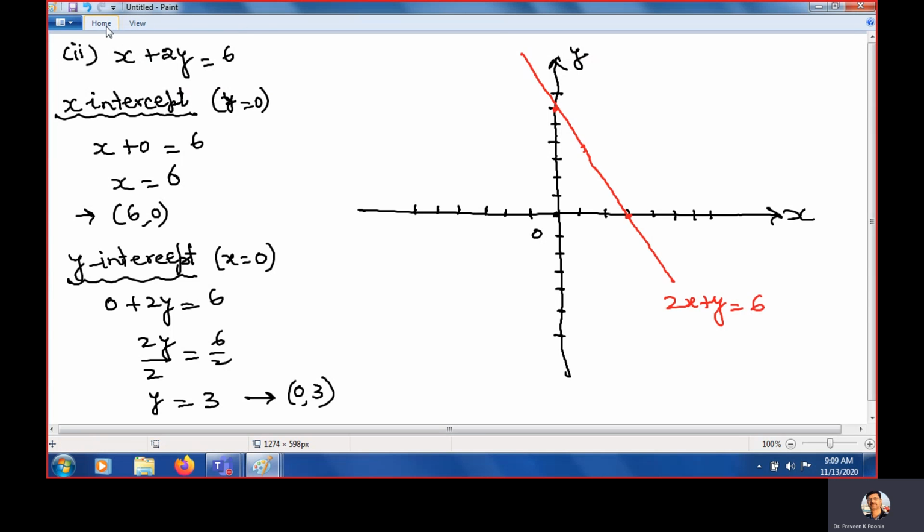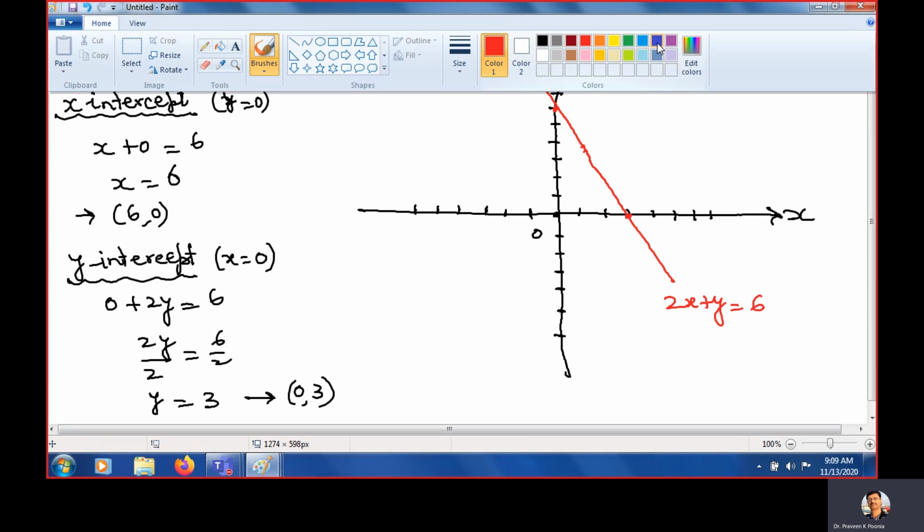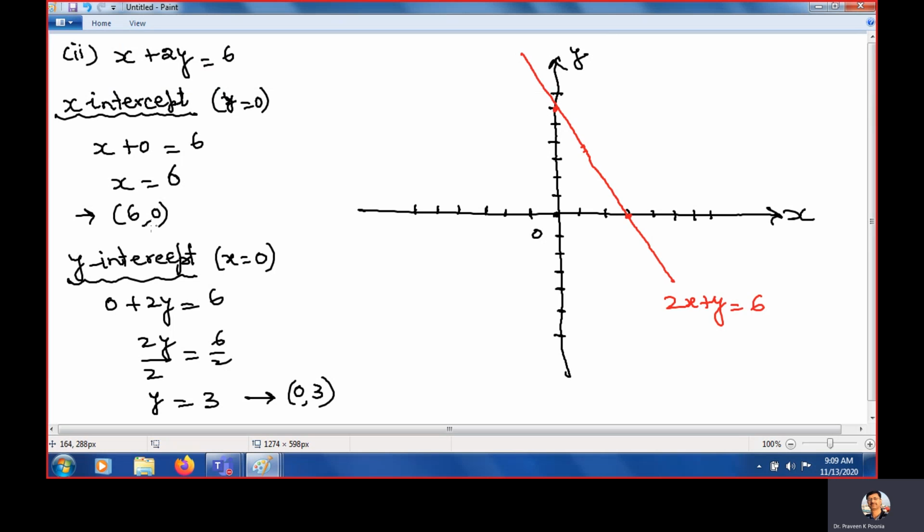This is the first line. Now we will draw the second line. The second line's points are (6, 0) and (0, 3). This is 6 and 0, this is 3. Now join these two points.